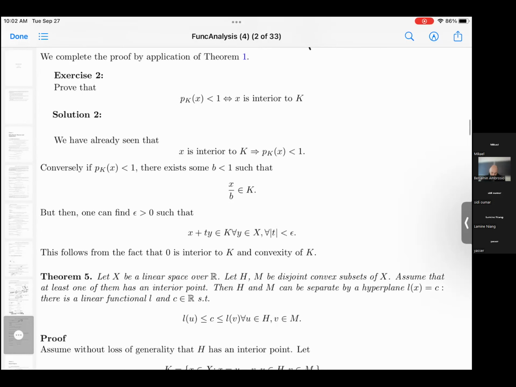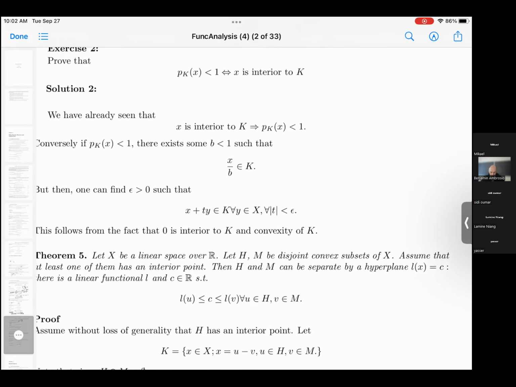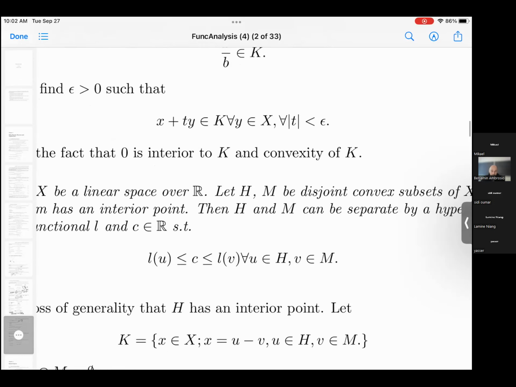And that's what we do. So you construct K as this, all right? So K is the points of X such that you can write it as x equals u minus v, u in H, v in M. Now, what we need to verify is that there is some point which doesn't belong to K. And we can say that 0 does not belong to K. Why?